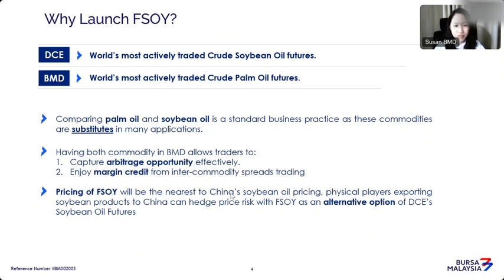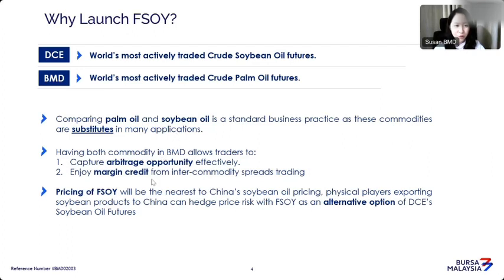Later, Mr. Kon Hao will be sharing some of his observations and trading strategies on this palm oil and soybean oil spread as well. Very much looking forward to Kon Hao's sharing.